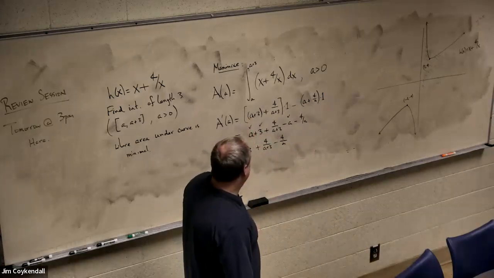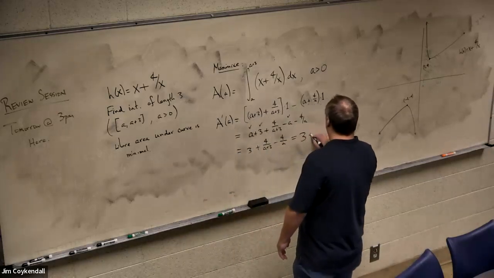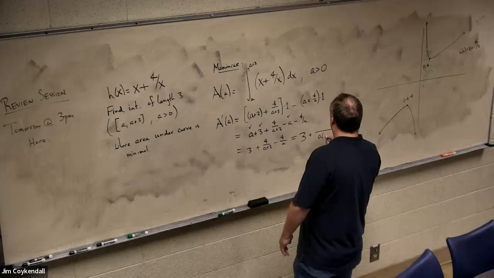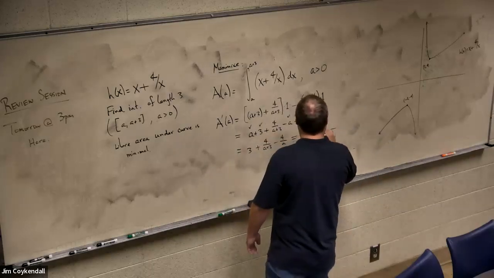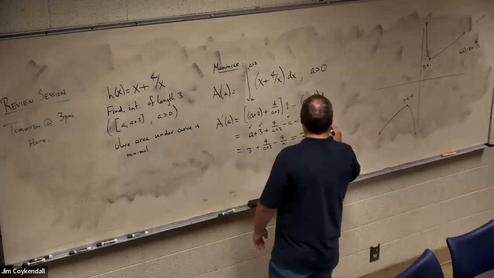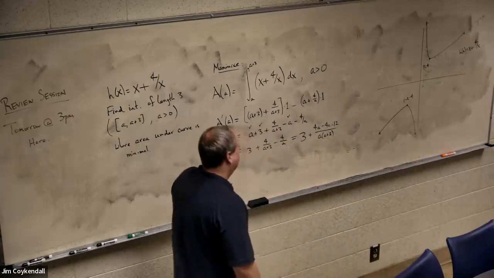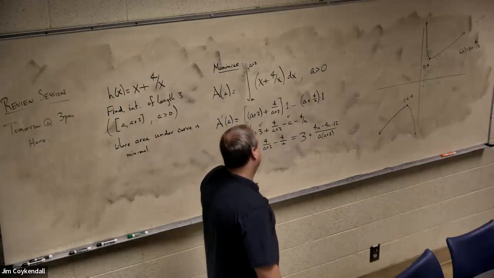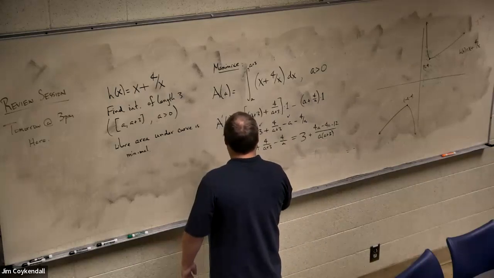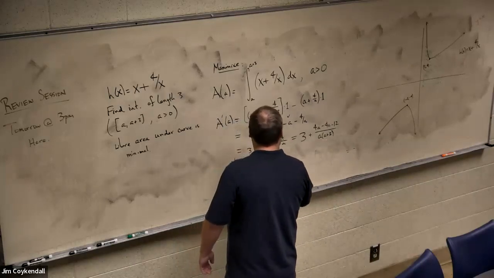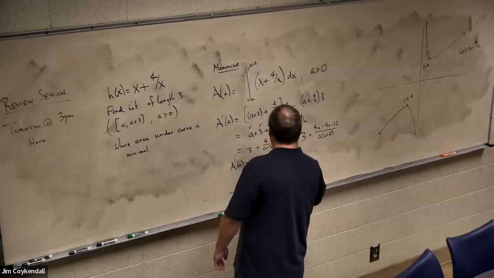It might be convenient for me to put this in a single fraction. 4A minus 4A minus 4. So finally, looks like the answer is 3 minus 12 over A plus A plus 3.